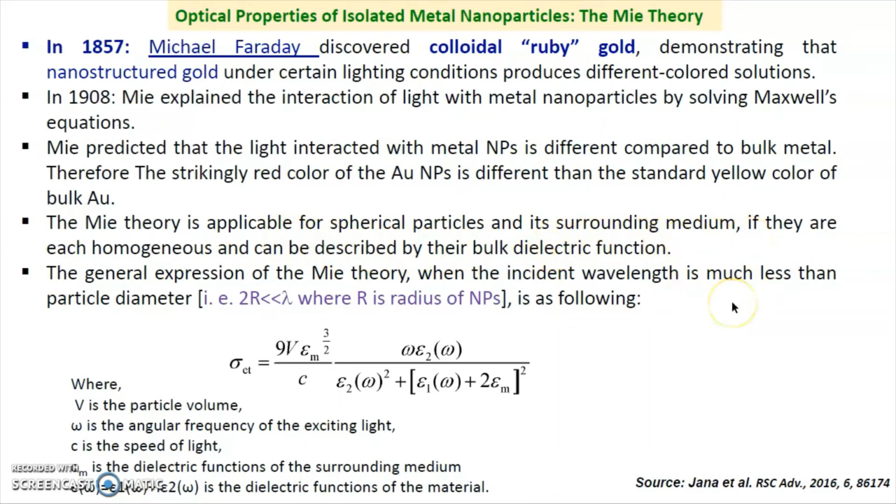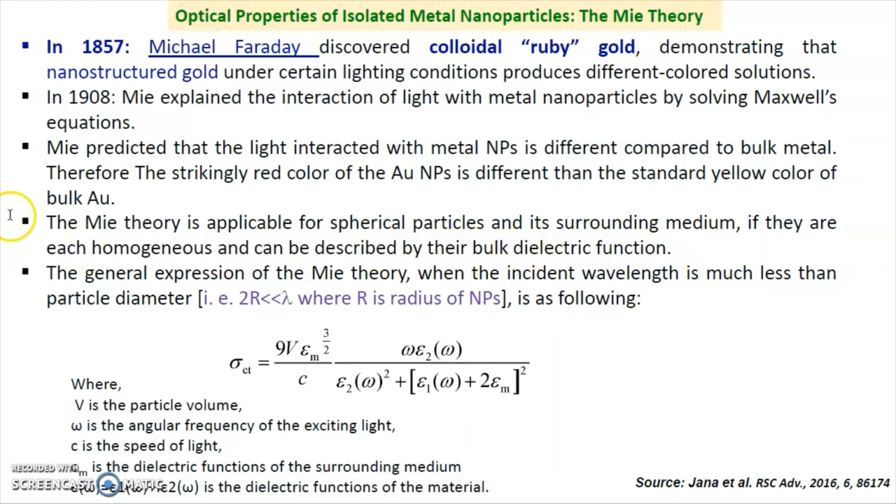There are a lot of geometries possible, but he restricted himself to spheres to avoid complexity. So he imagined that the gold nanoparticles are spherical in shape, and he also took care of the surrounding medium, because in the case of gold thin films we also take care of the dielectric media. Wherever we need, we change the dielectric media to air, water or glass.